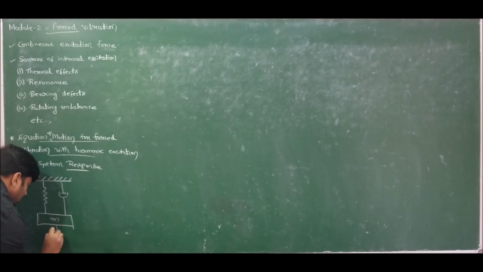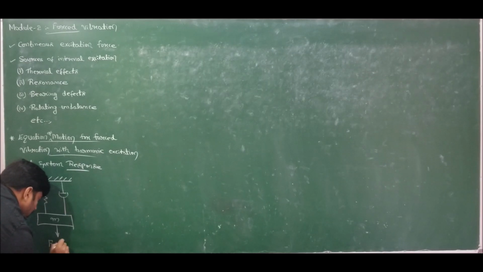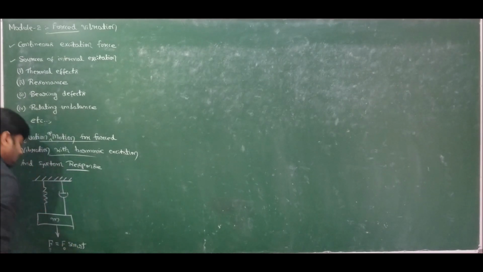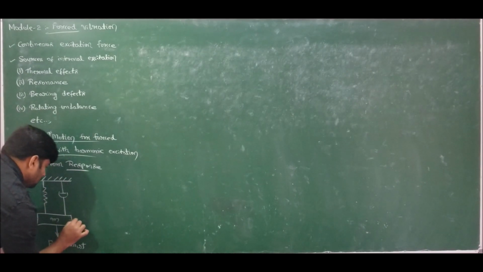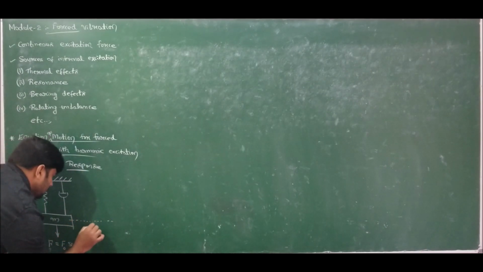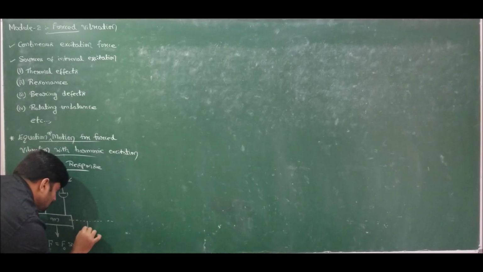There is a continuous excitation force acting on it, F. I am considering this as periodic with harmonic excitation, hence it will be F naught sin omega t. Now at this point, let us consider there is a displacement because of the applied force as x.